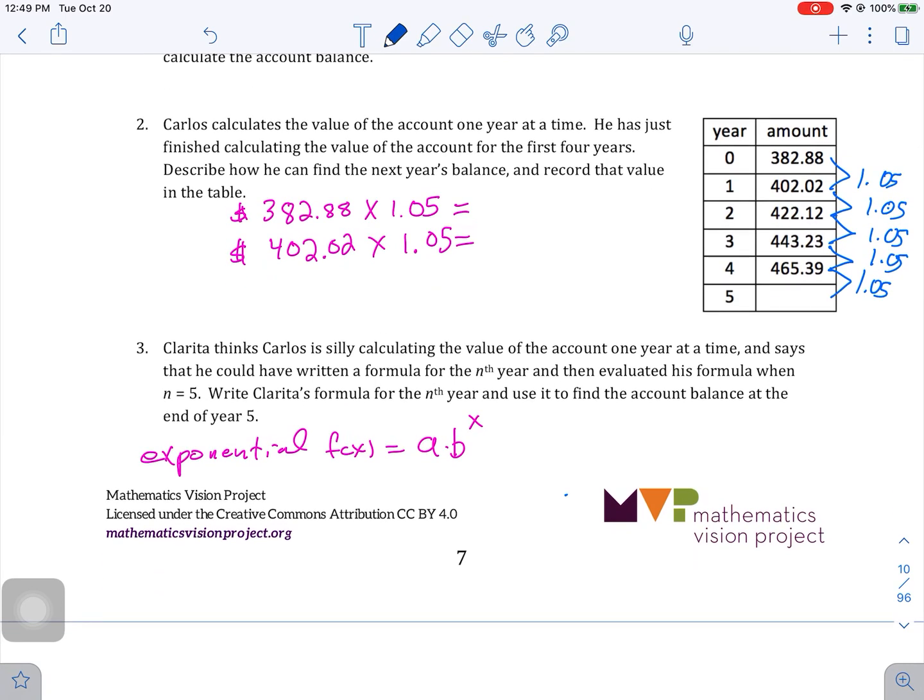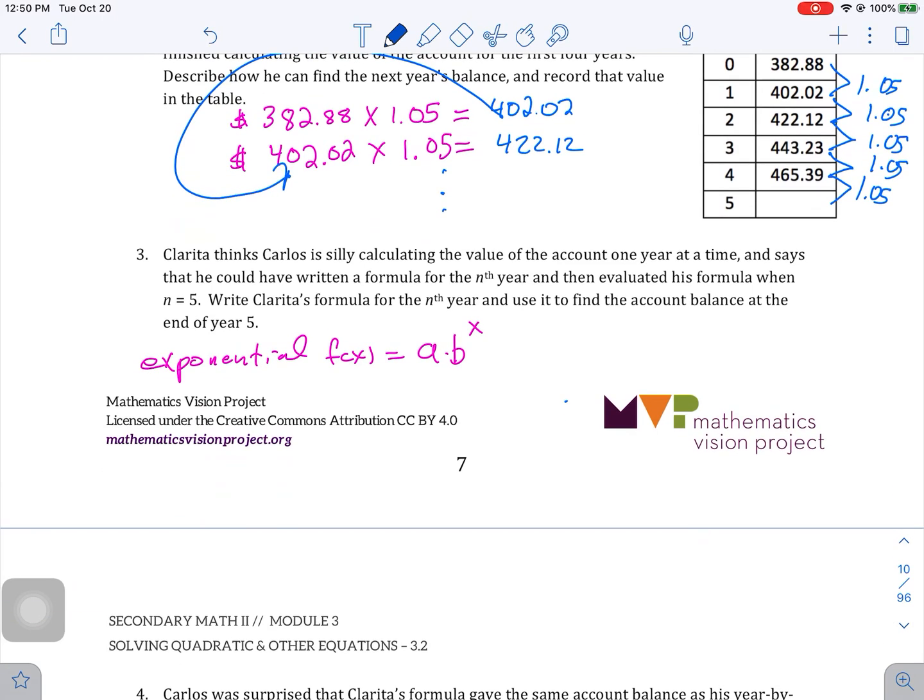Carlos likes the idea of multiplying and getting a product like 402.02, and then taking that and multiplying that by 1.05 and then getting 422.12, and so on, and he repeats that process.